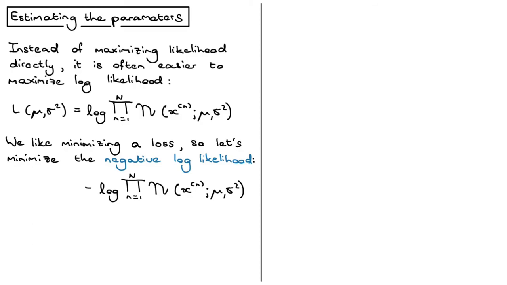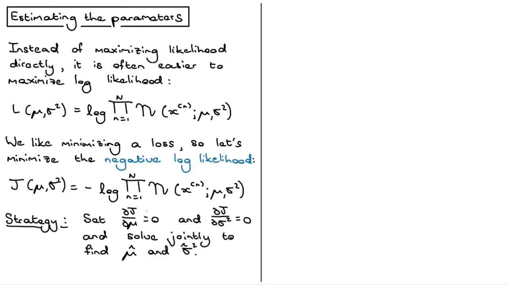So we like minimizing stuff because then it starts to look like a loss. So instead of maximizing the log likelihood, let's minimize the negative log likelihood. And now we can really call it a loss. So we use the notation that we've used up to now where we call this J, and it's a function of the two parameters. And that's the thing that we're going to try and minimize.